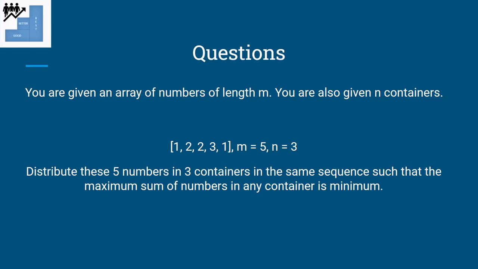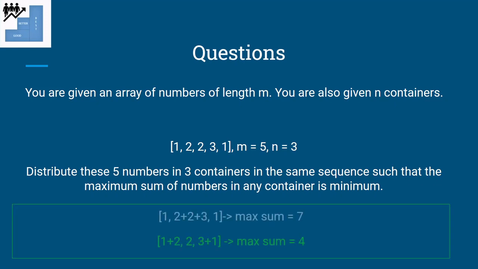Now you need to distribute these numbers in these 3 containers such that the sum of these containers is balanced. What is meant by balancing is that the maximum sum of the container in any distribution should be minimum.